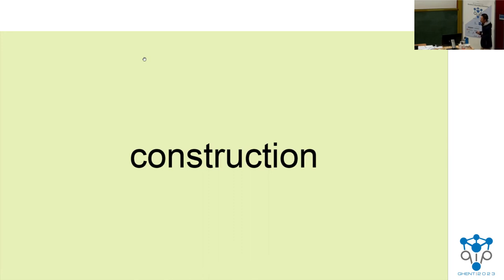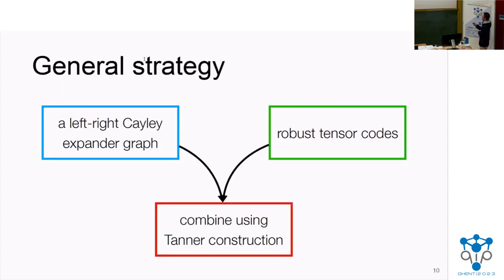Okay, yeah. So that's the result, and now we'll move on to the construction. Although I mentioned there are three constructions, they all follow a similar strategy. So the strategy is that you would take a left-right Cayley graph, which we also heard about, and then a tensor code. Afterwards, we combine them using the Tanner construction, which gives us the code we want.